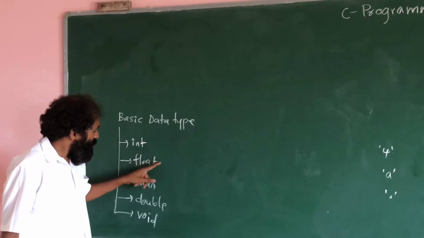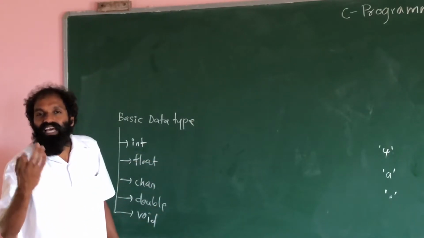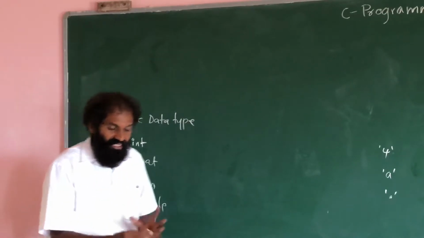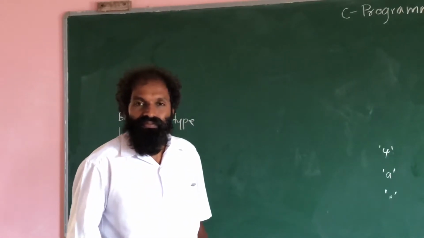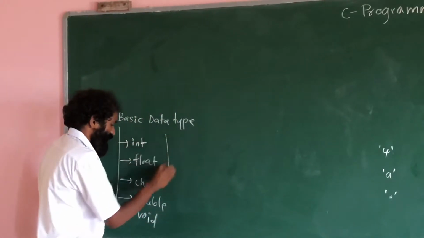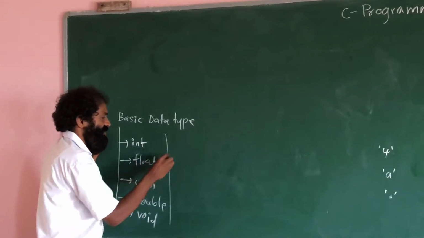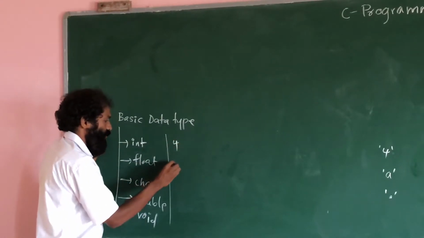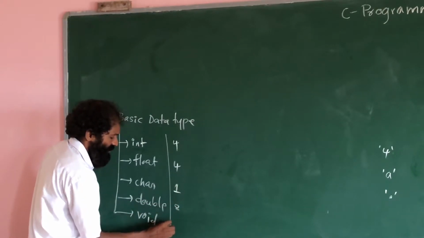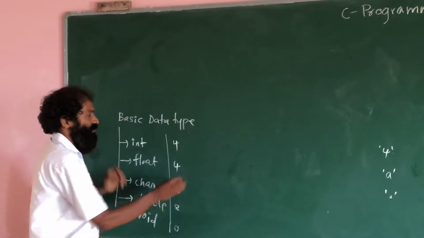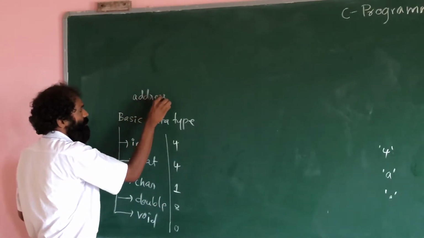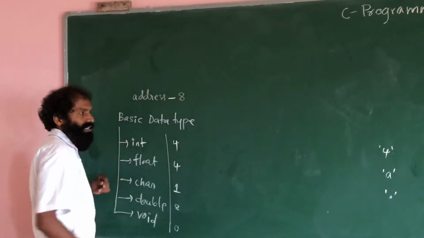All data types take different sizes. It depends on the compiler. Let us assume a compiler where integer takes 4 bytes, float 4 bytes, char 1, double 8, void nothing, 0. Then for an address, 8 bytes.